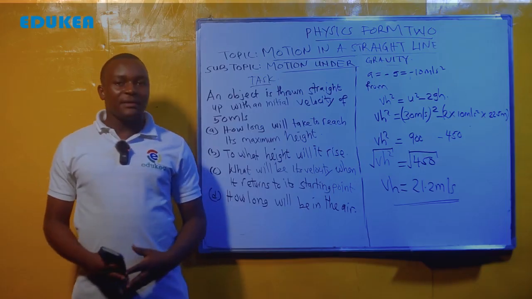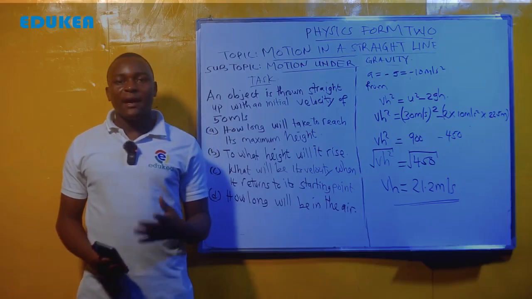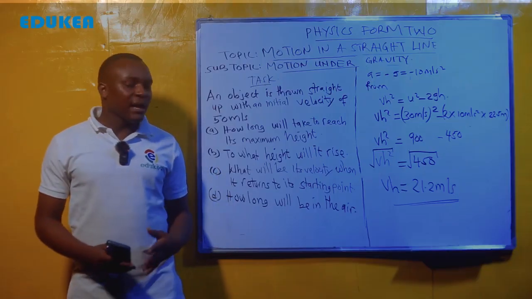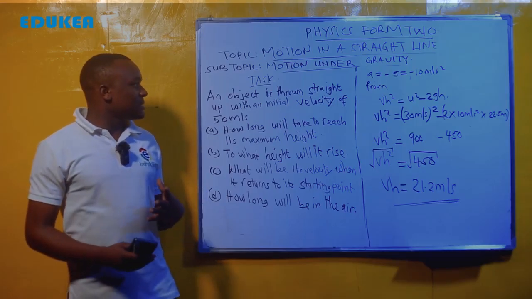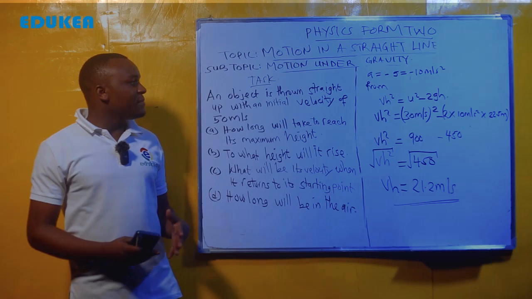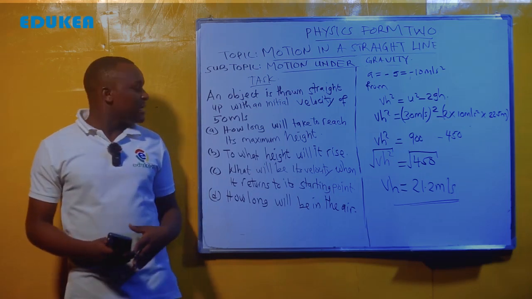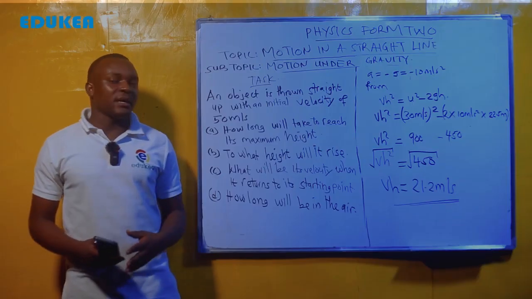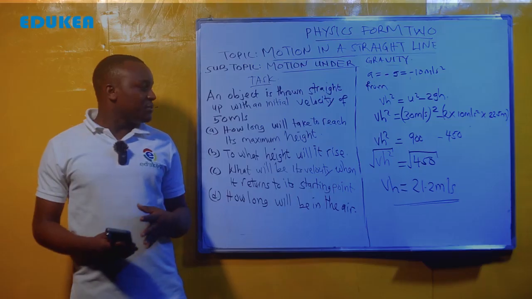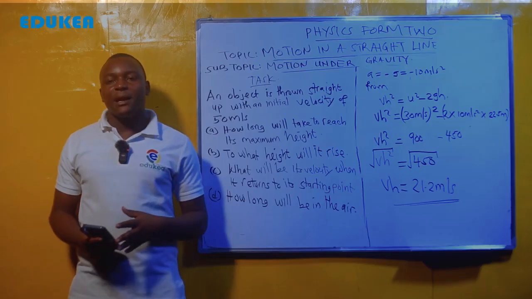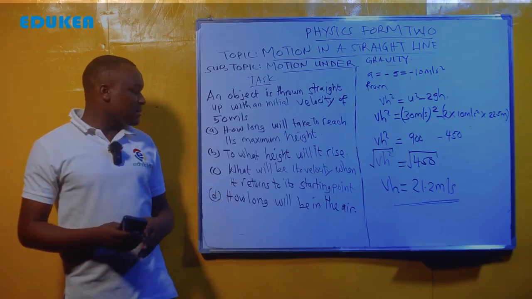After calculating the value of velocity at half of the maximum height, now we have a task to work on. The question states that an object is thrown straight up with an initial velocity of 50 meter per second. Part A, how long will it take to reach its maximum height?